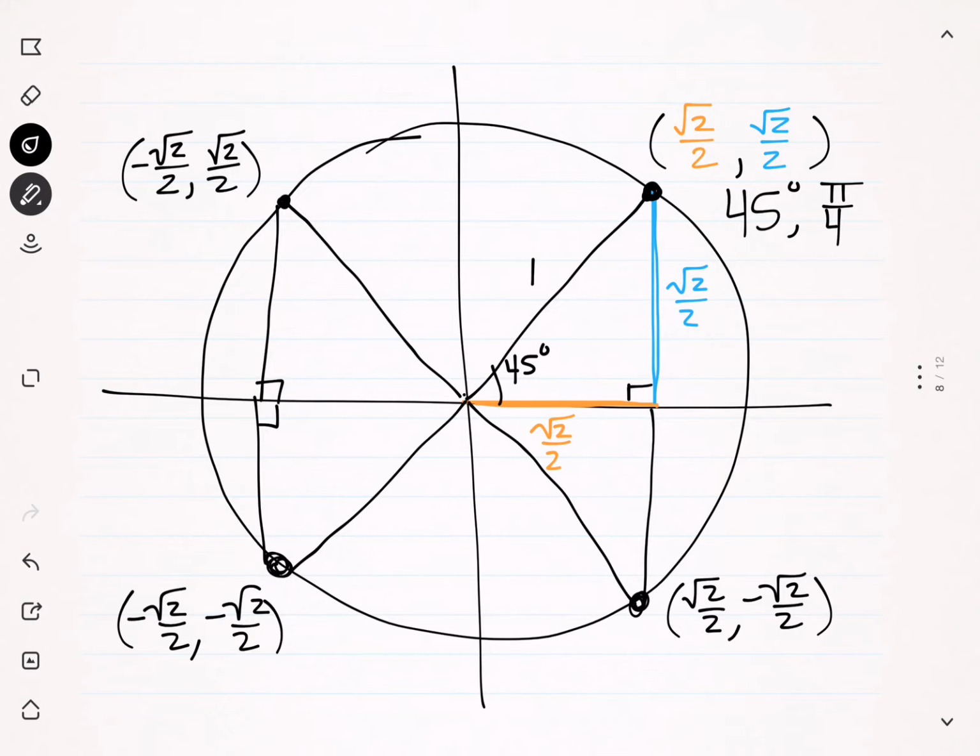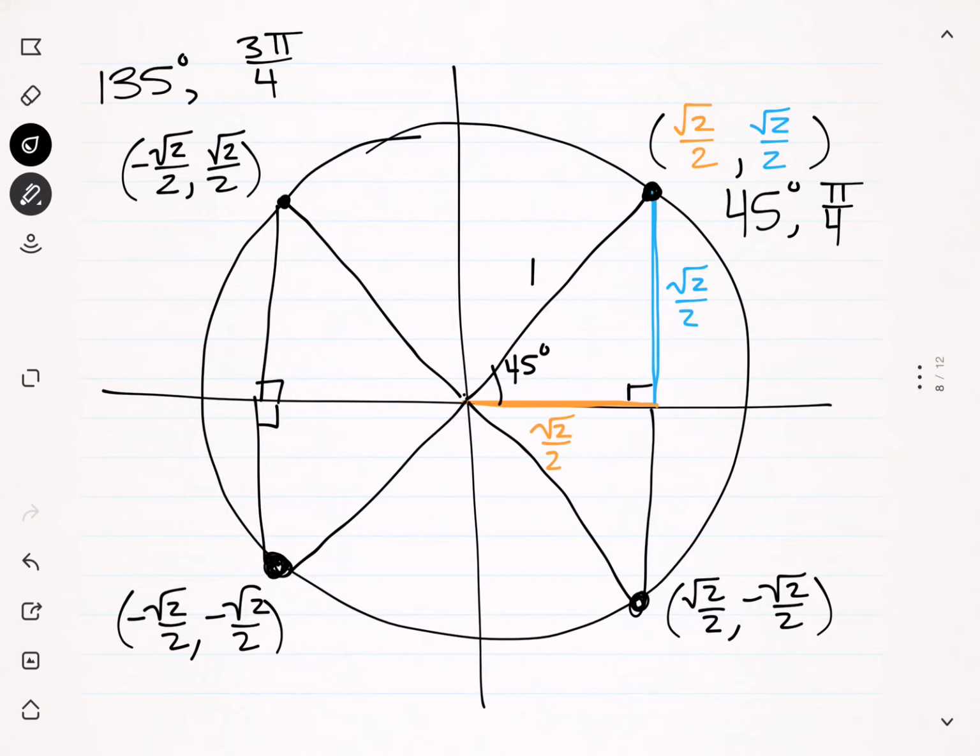So if we look at quadrant 2, we're 45 degrees above the negative x-axis, so we want 45 degrees less than 180. That would put us at 135 degrees. And 45 goes into 135 3 times. So I want to take my radian measure, pi over 4, and multiply it by 3. So that would be the same as 3 pi over 4 radians.